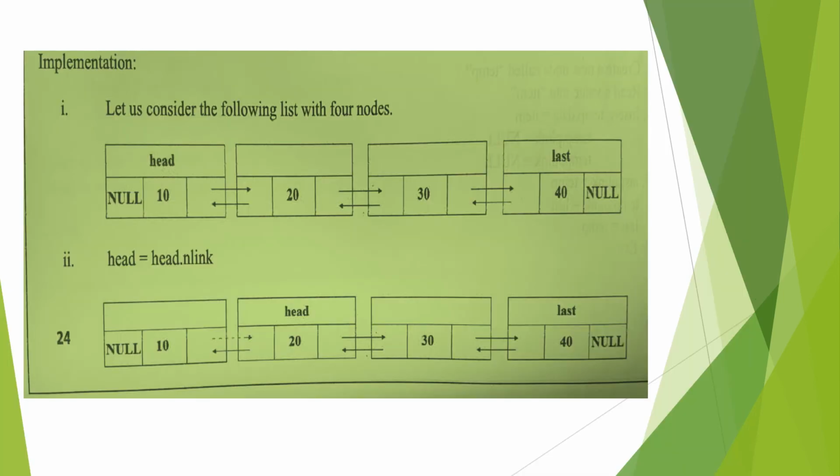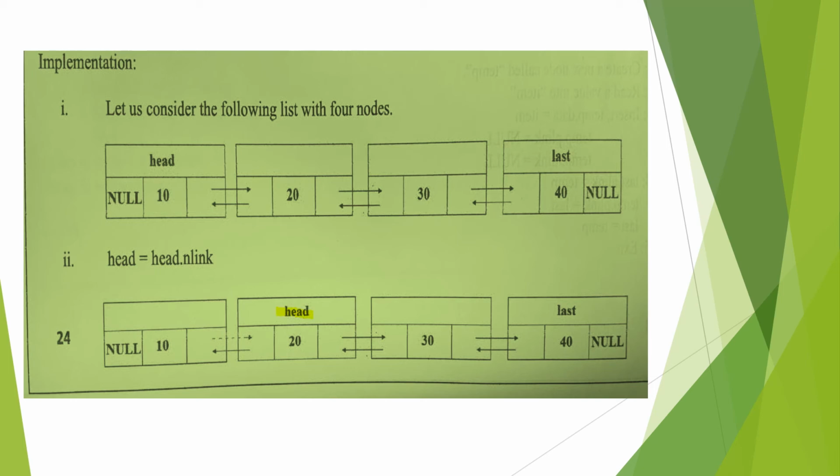See, initially this list contains 4 elements, 10, 20, 30, 40. Before deleting, the head is this. So I am changing the head. Head equal to head.nlink. So head becomes this.